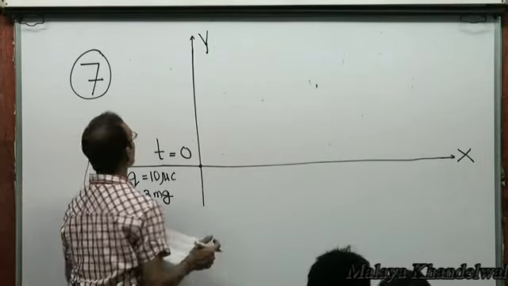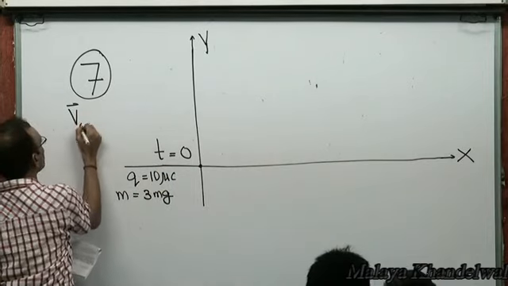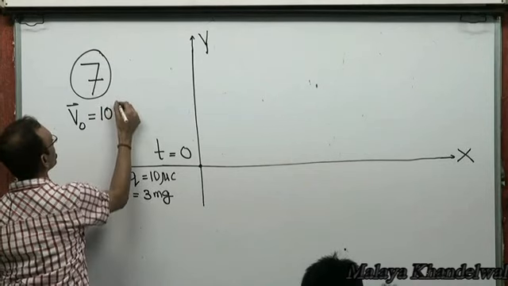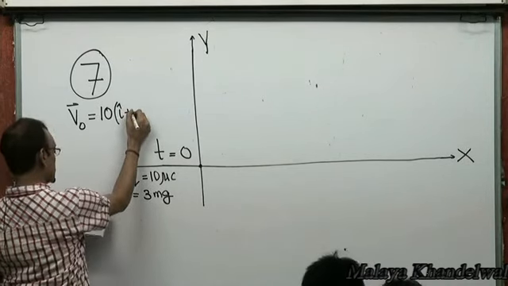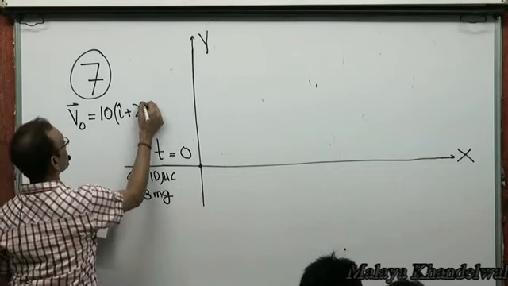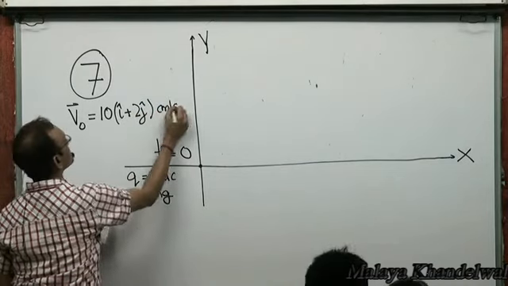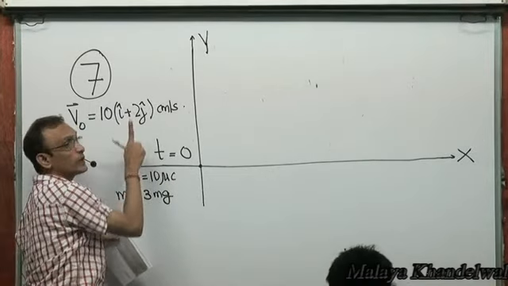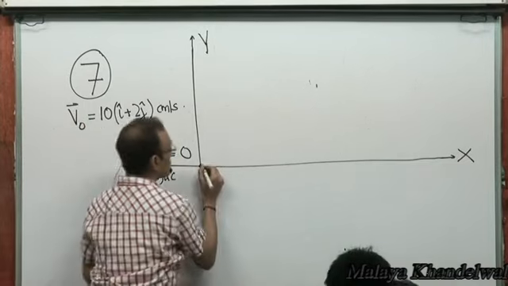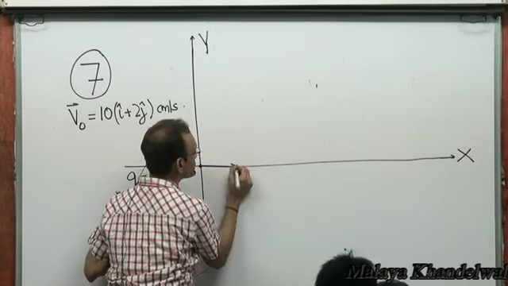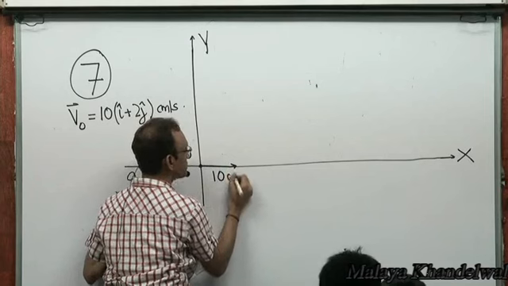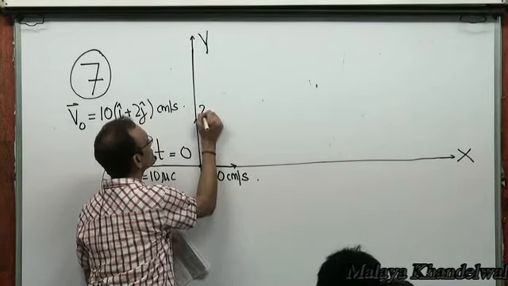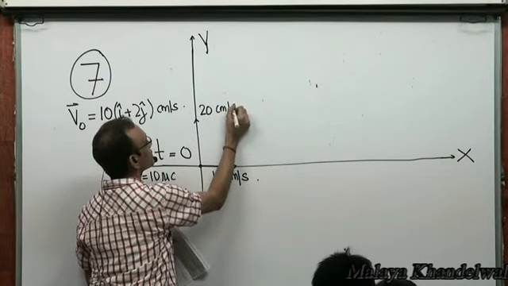And it has a velocity v at time t equal to 0 given by 10 centimeters per second into i cap plus 2 j cap centimeters per second. That is its velocity. That means it has 10 units along the x-axis and 20 units along the y-axis. So its velocity component in the x direction is 10 centimeters per second, and its velocity component in the y direction is 20 centimeters per second.